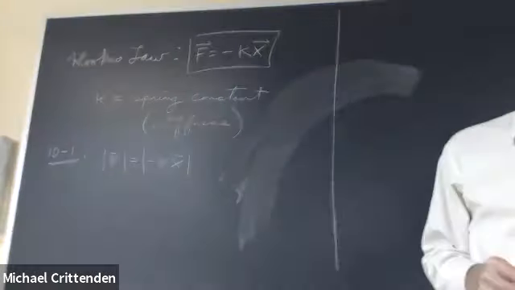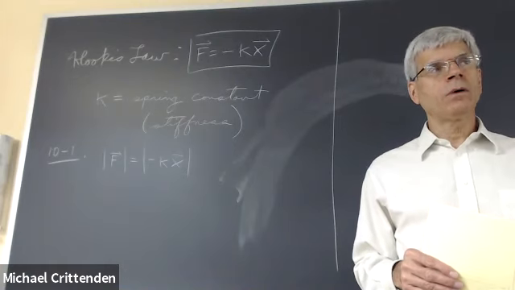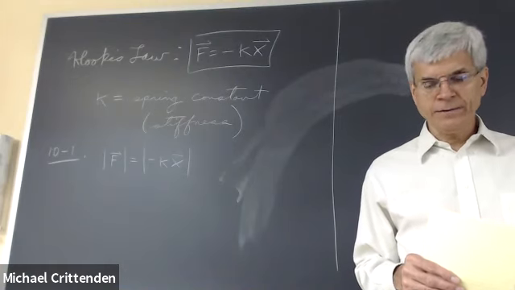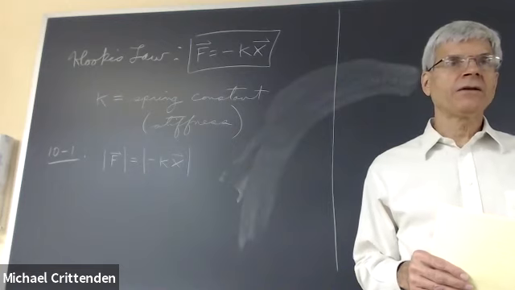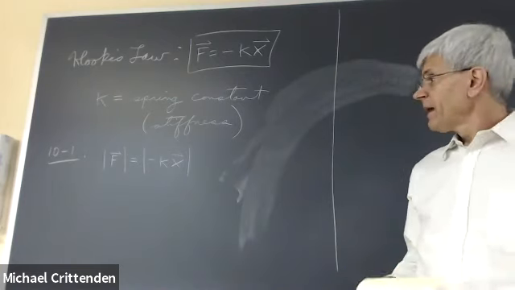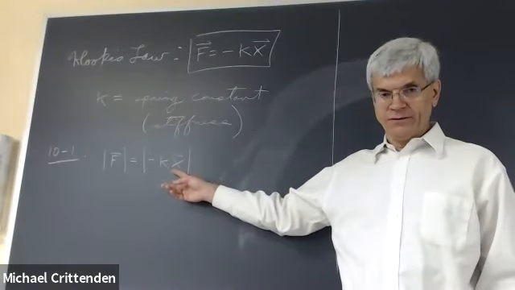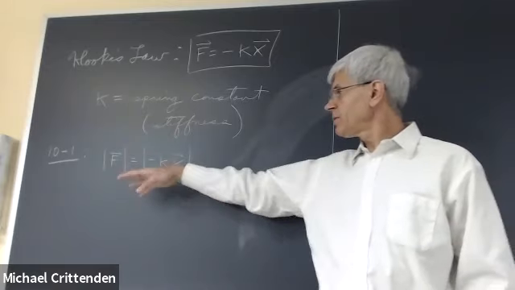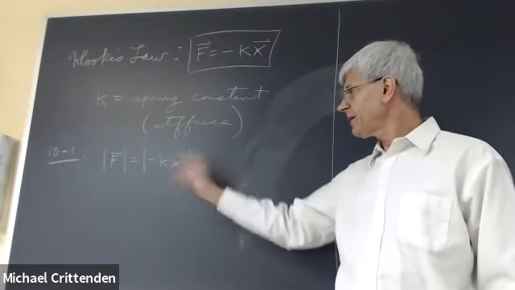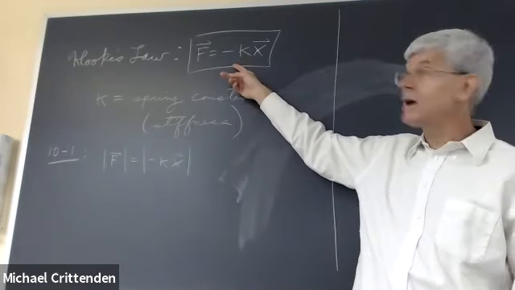Sometimes I'll say F equals kx, and a student will go, wait a minute, what happened to the minus sign? Well, what happened to the minus sign is I don't care about the directions. I just want to know how big the spring constant is, so I'm going to slap absolute value signs on there. As I explained earlier, the minus sign is there to make the directions work properly.